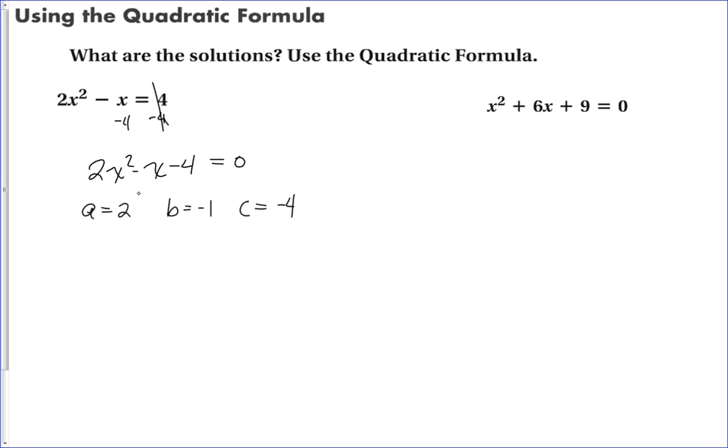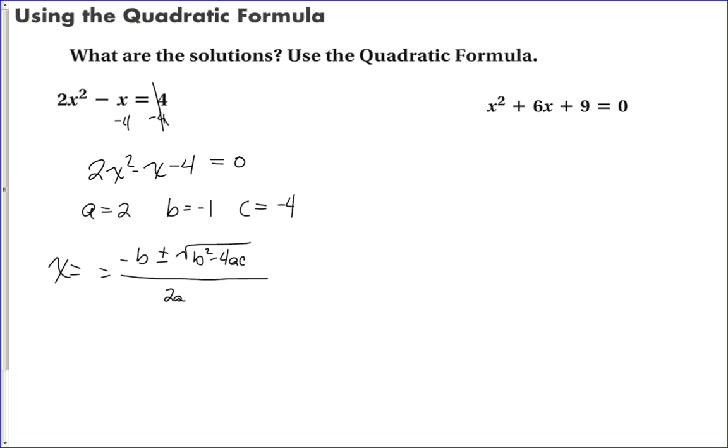We have a, which is 2, b, which is just a negative, but remember there's an understood 1 there, so negative 1, and then c is negative 4. So now we just simply plug into the quadratic formula, which is x equals negative b plus or minus the square root of b squared minus 4ac, all divided by 2a.